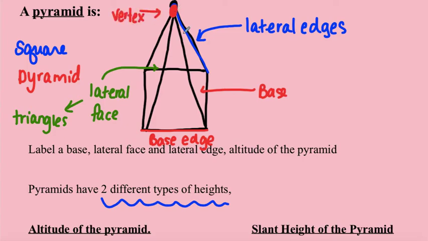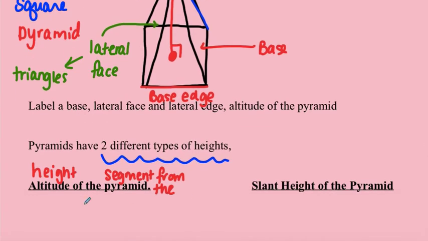It goes right down from the top vertex down to the middle of the base, and it is perpendicular. That is the height of the pyramid, or the altitude of the pyramid. Okay? So it's the segment from the vertex perpendicular to the base.